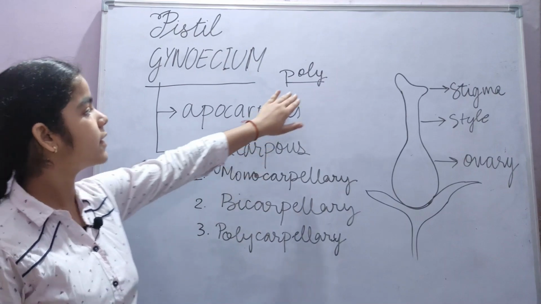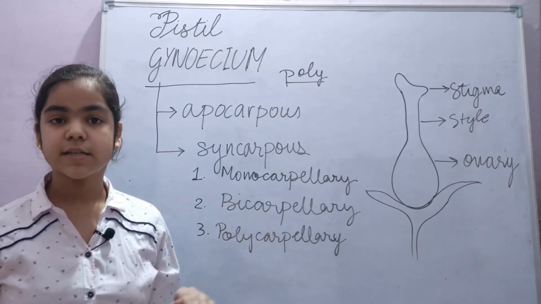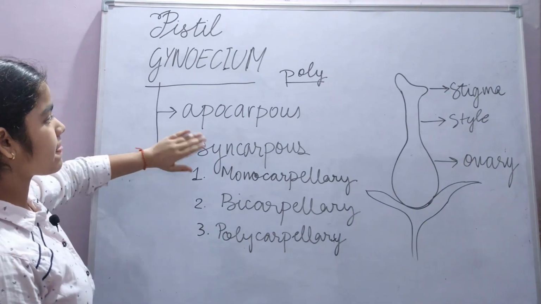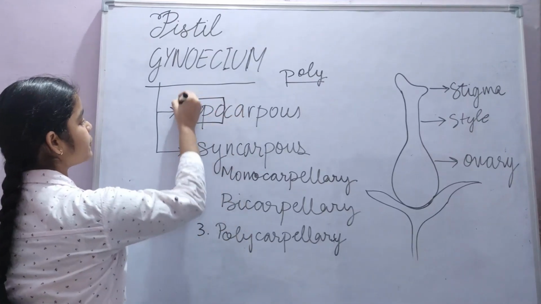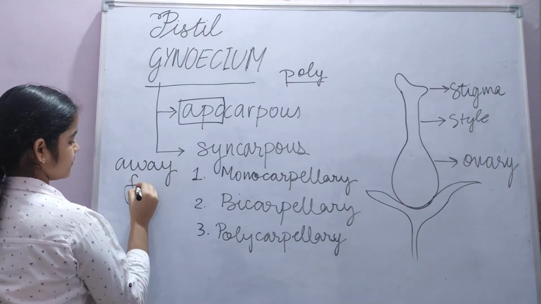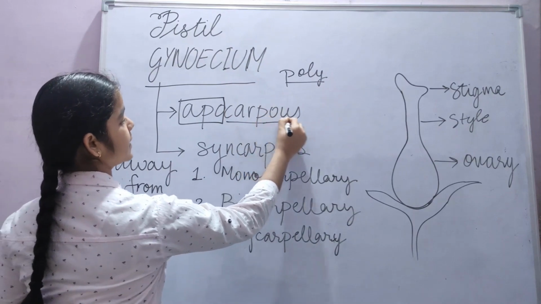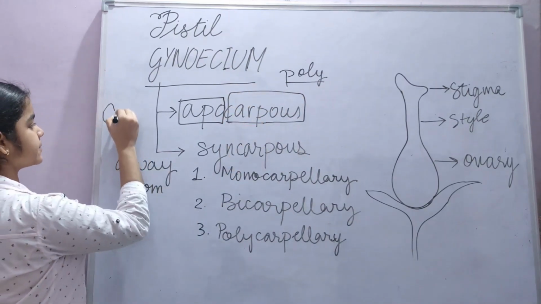You have learned polyandrous, polypetalous, which means free. But here something different. You see the word apo. Apo simply means away from. And carpus for carpel. Pistil is also known as carpel.